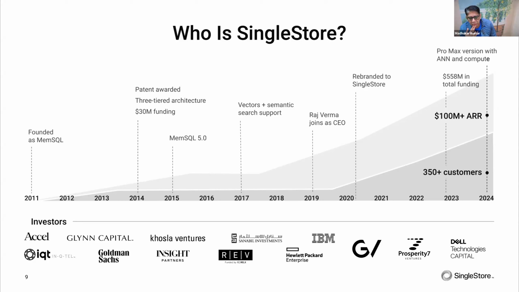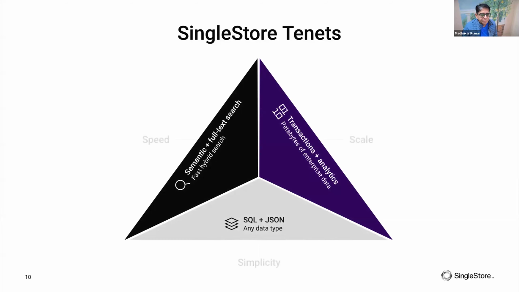The other thing I would call out is in 2017, we added vectors, and that's when the Google paper on the transformer came out. And since then, we have had several customers using semantic search in production. And of course, in 2023, that's when most of the Gen AI stuff happened, and they were all using vectors. So if there's one key takeaway about SingleStore, it is that we do both semantic and full text search.